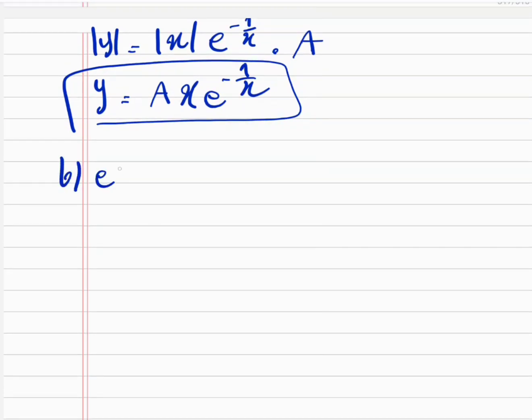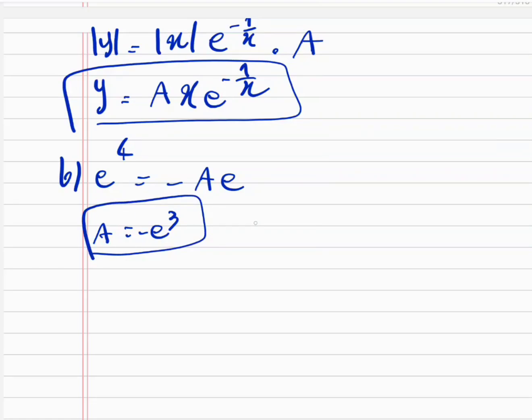So we have e to the power of 4, and then remember that x is minus 1. So we have minus a times e to the power of minus 1 over 1, which is just 1. And this means that a is simply equal to minus e cubed. Therefore, the particular solution in this case is minus e cubed x e to the power of minus 1 over x.